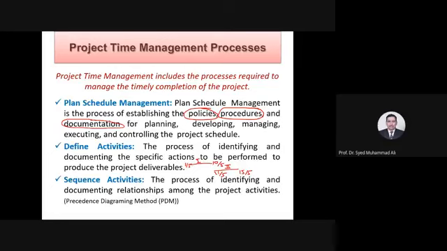When 1 finishes, then 2 will start, and so on and so forth. So I'm going to discuss some of these types of these sequencing later on in the lecture. So let me not go into detail right now, but the point which we are trying to make is there will be a relationship between various activities that you have to establish. So this is important.